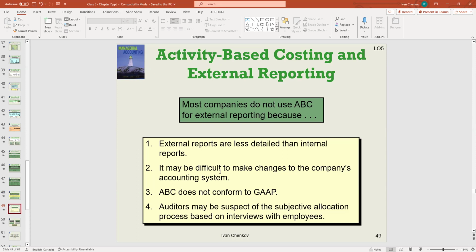Because they always suspect something, the only thing being that the auditors don't suspect themselves. They can come up with the idea that, managers, when you're assigning those percentages and doing the allocation, you're subjective there. You're not objective. For those reasons, most companies are not using activity-based costing.